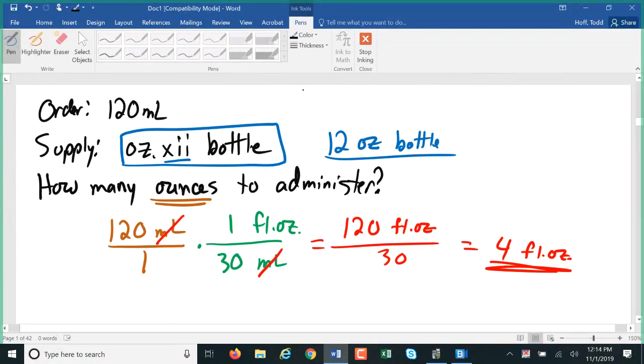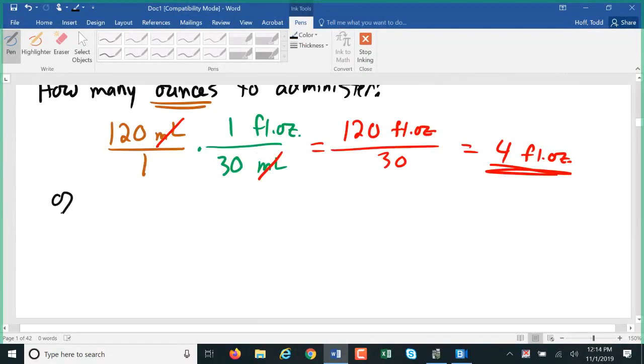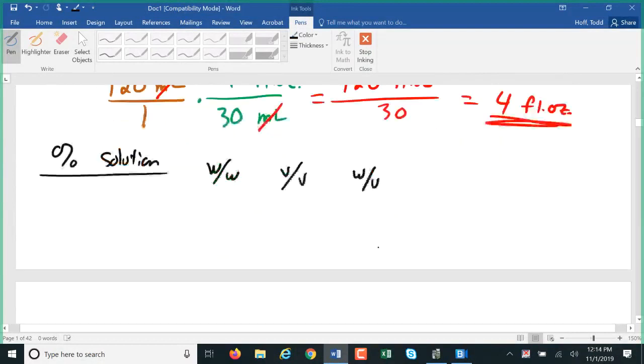Other things to make sure you remember. How to work with our percent solutions. Weight in weight, volume in volume, and weight in volume solutions. Remember those. Remember our concentration adjustment formula, C1V1 equals C2V2. That one comes up.